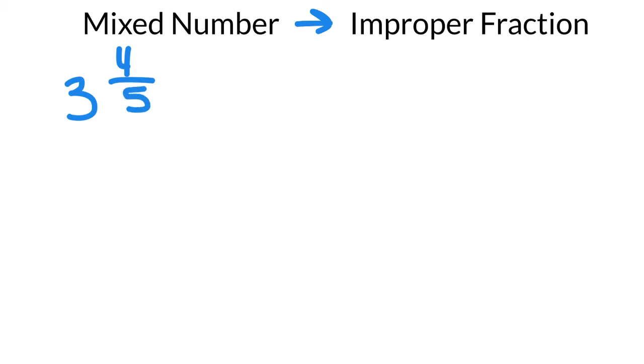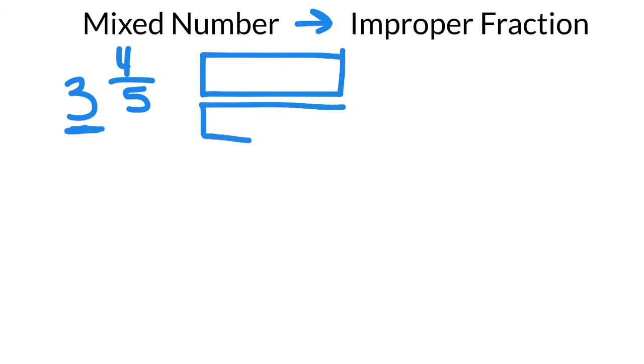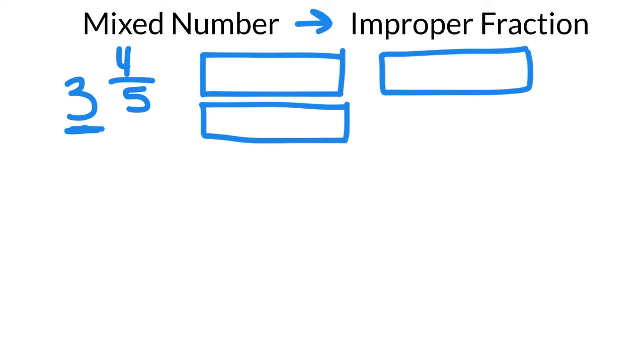One way that we can figure out how to write this as an improper fraction is to just draw out our picture. So I have 3 wholes. So I need to draw 3 whole bars. Each of these bars is separated into fifths because that's the fraction that I'm working with. So let's go ahead and divide them each into fifths.